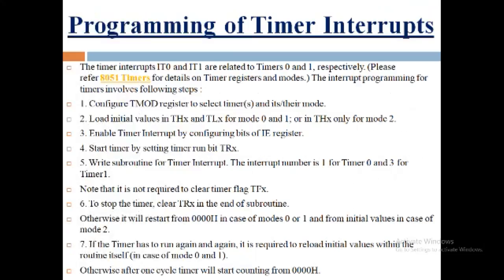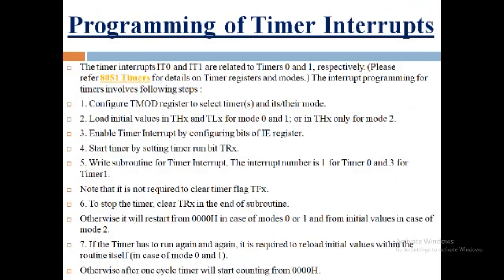Programming of timer interrupts. The timer interrupts TF0 and TF1 are related to timers 0 and 1 respectively. Please refer to 8051 timers for details on timer registers and modes. The interrupt programming for timers involves the following steps.